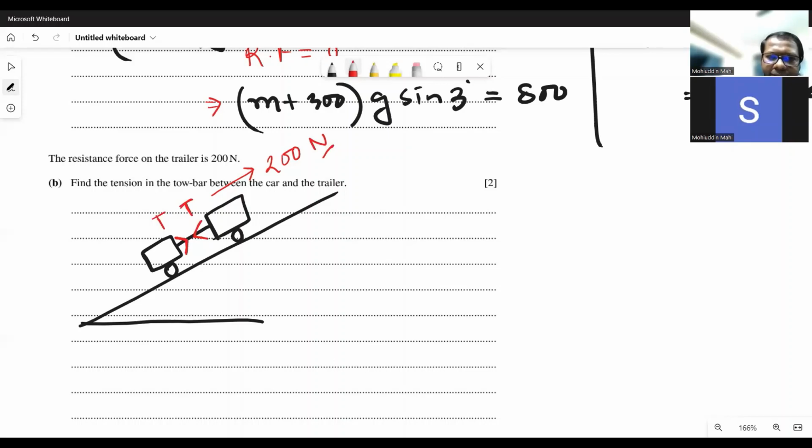In the upward direction, the resistive force of 200 Newton is acting, and in the downward direction, tension is acting, and also in the downward direction, the weight component of the trailer's mass of 300, so 300 g sine 3 degree. So the equation will be T plus 300 g sine 3 degree equals 200 Newton.